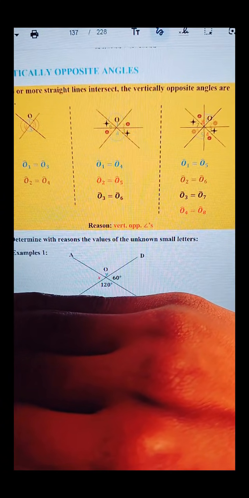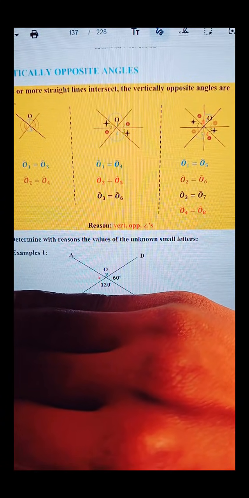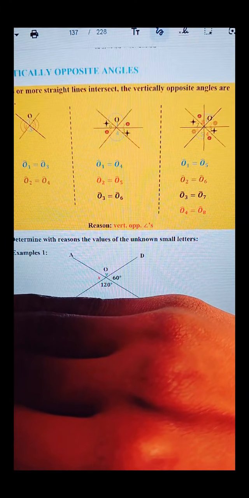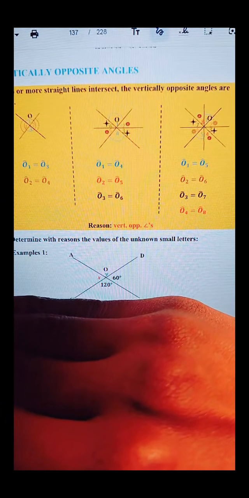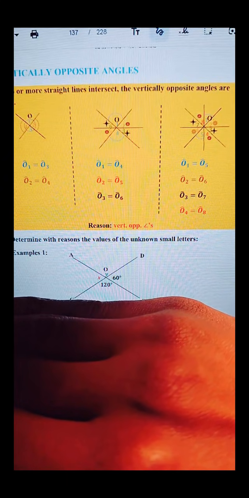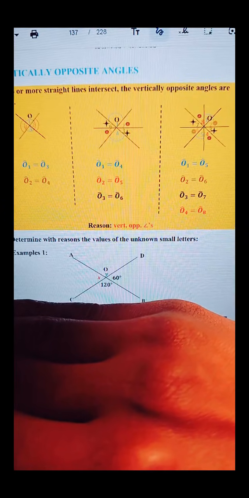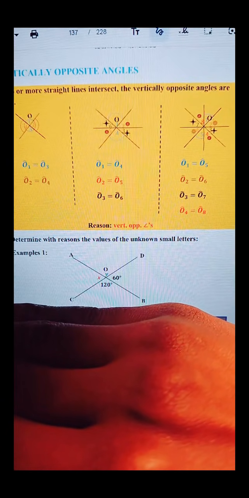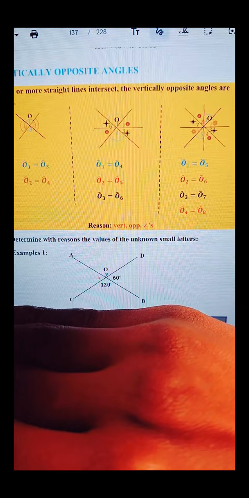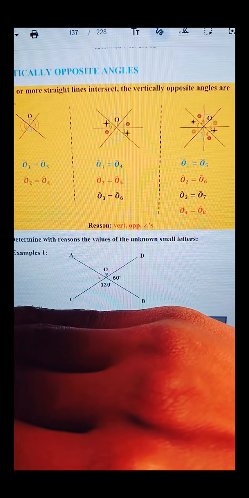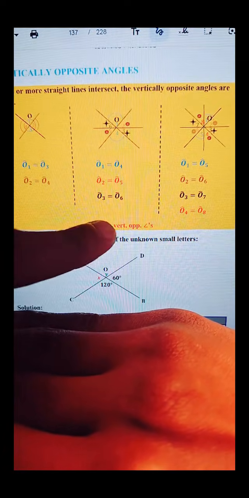Ndalo says x is equal to 60. Would you provide a reason for why x is equal to 60? Why is x equal to 60? Yes, Ivile, y is equal to 120. That's very true. The reason, vertically opposite angles. Very good, Ndalo. So there is the reason.